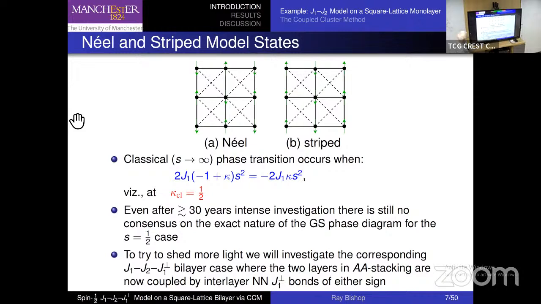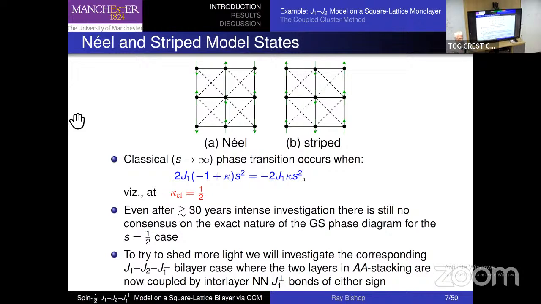But as I say, even after now more than 30 years of very intense investigation, there are hundreds if not thousands of papers written on just this model, doing it by all sorts of different methodologies. And even now, there is not a complete consensus on what the phase diagram for this is, and we'll come back to that. It's a tough problem.